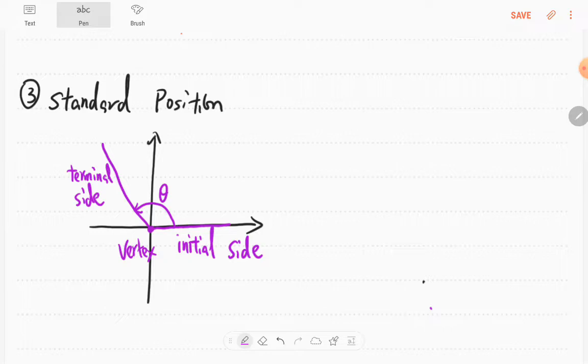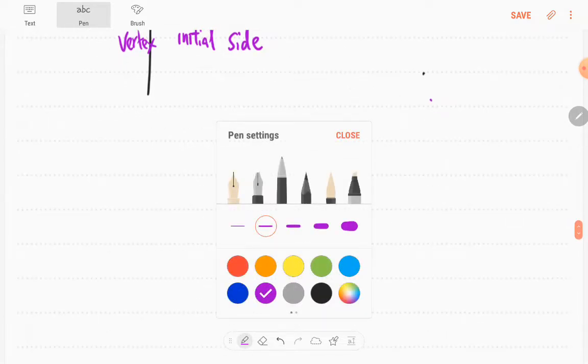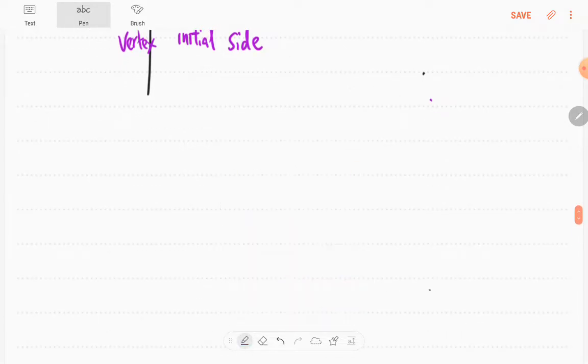Now we want to measure theta. There are two different measurements. Let's look at each one by one. The first one is called the degree measure. The unit of the degree measure is called the degree.